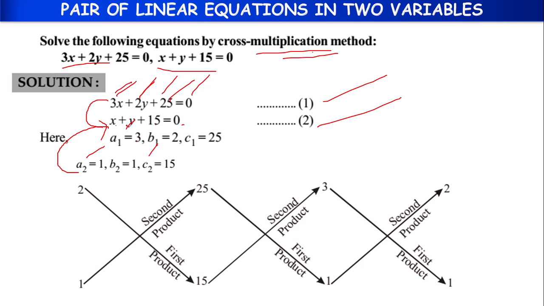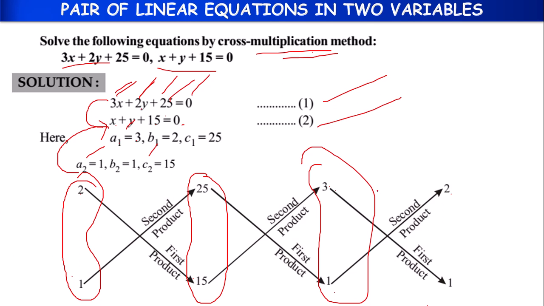Let's take the y coefficients first: 2, 1. Next the constant terms, 25, 15. Next the x terms, 3, 1. Next the y coefficients again, 2, 1. So first we start with y coefficients, then constants, then x coefficients, and finally y coefficients again.